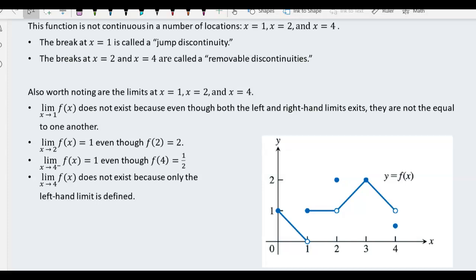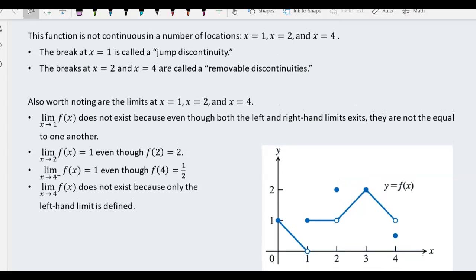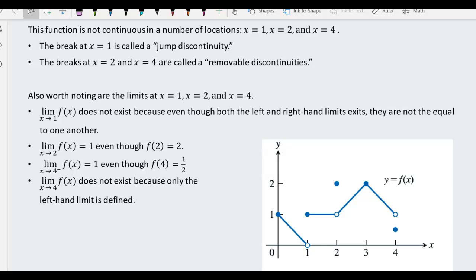In this slide, we have a picture of a graph that we used in a homework example, I think last week, where we've got a number of places that we can see that the function is not continuous. Specifically at x equals 1, at x equals 2, and at x equals 4.